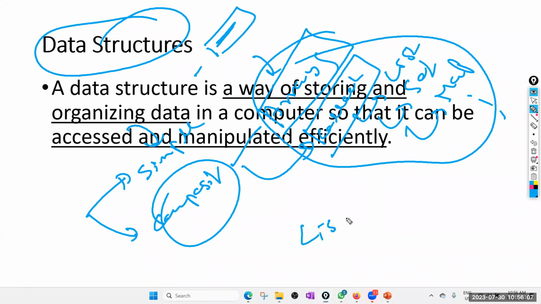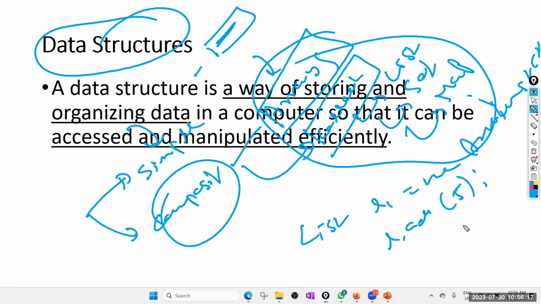You can say list, say L1 equal new ArrayList. Then you can say L1 dot add 5 and so on. You can remove, you can see what is the value. So now you can see that one variable can keep multiple data, array, list, and so on. So those are data structures.